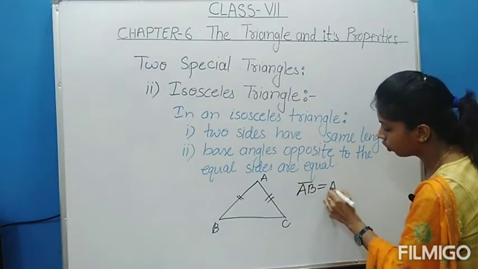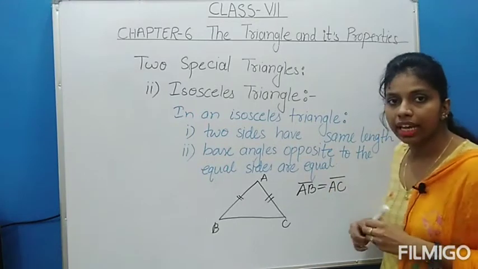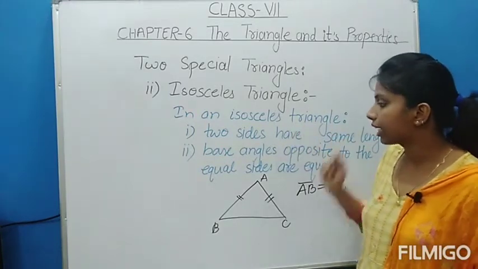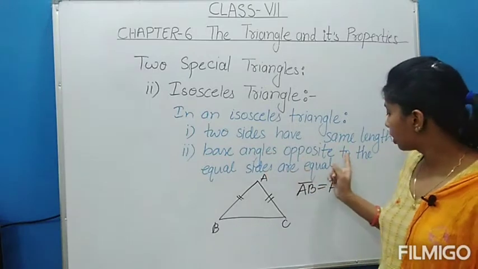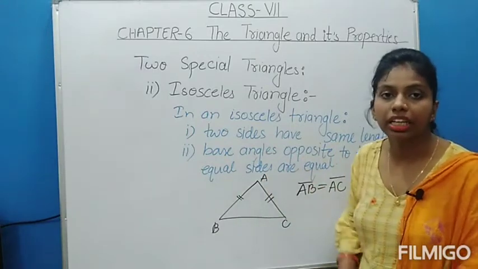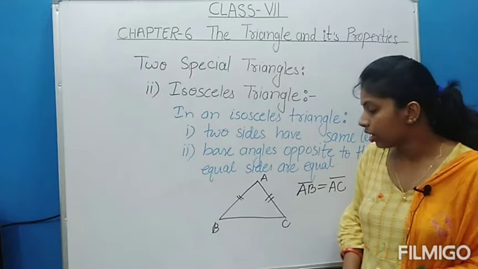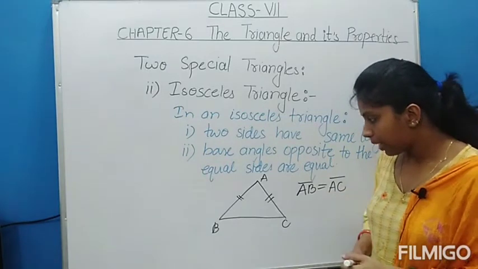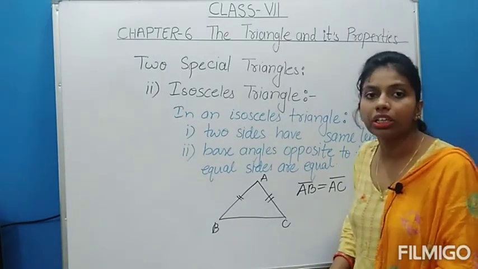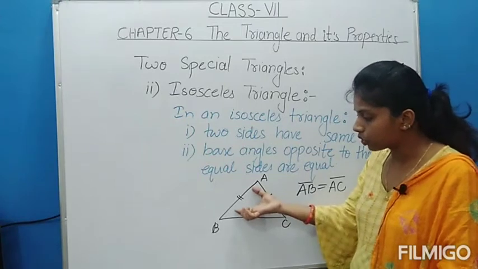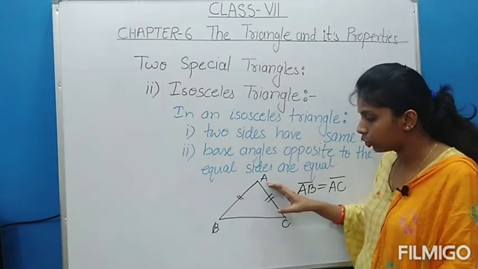Now the second property for an isosceles triangle: the base angles opposite to the equal sides are also equal. Here we have two equal sides, AB is equal to AC.